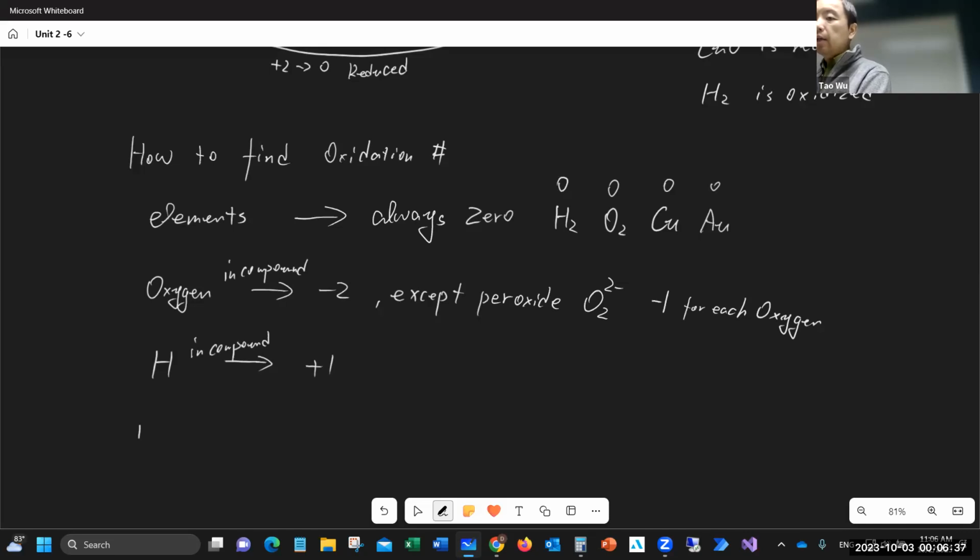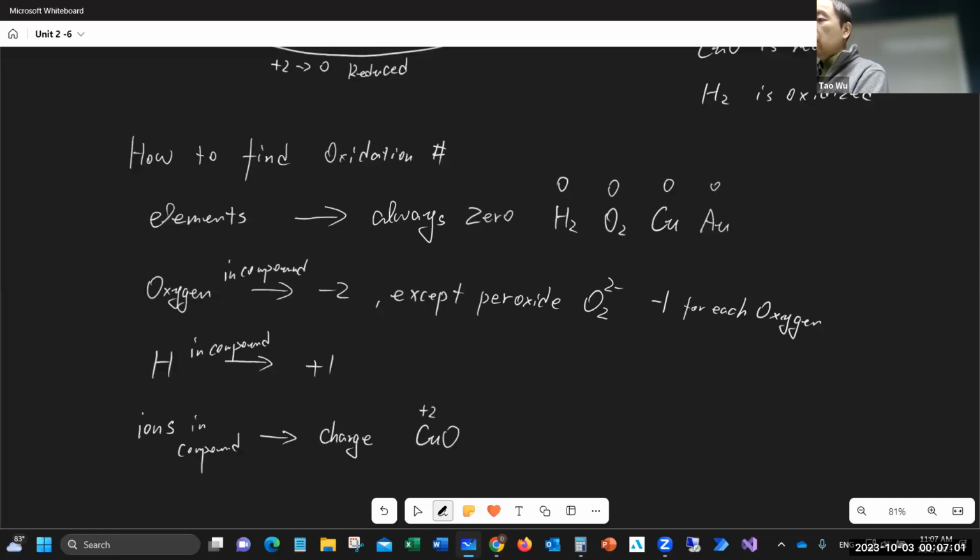Last one is ions. Ions in a compound: the oxidation number is just equal to the charge. For example, copper oxide, the copper is +2 over here, right?